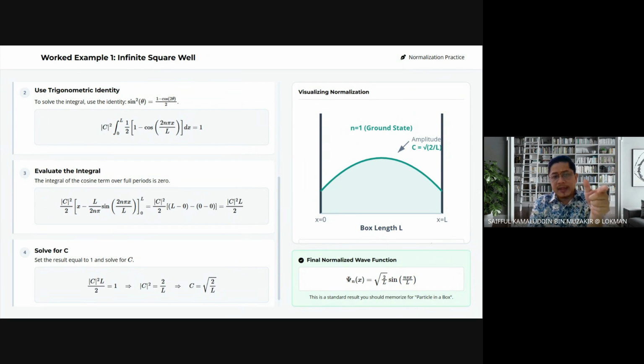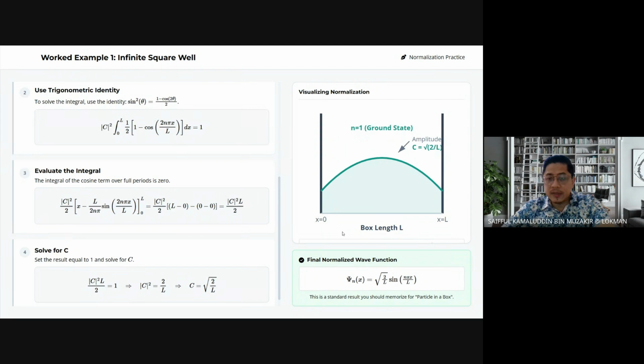Also notice that for higher n, the quantum number, the sine function has more nodes, points where psi equals 0, but the normalization constant stays the same. See?